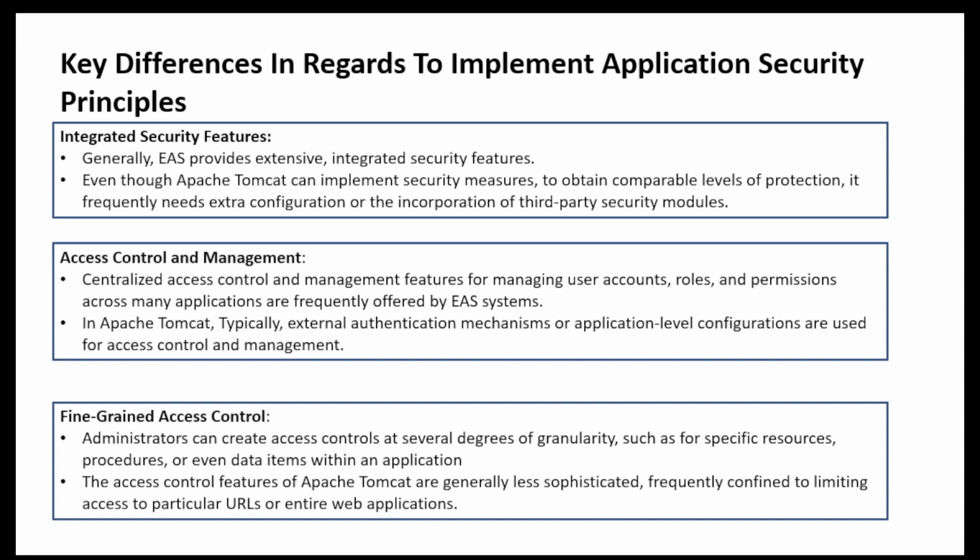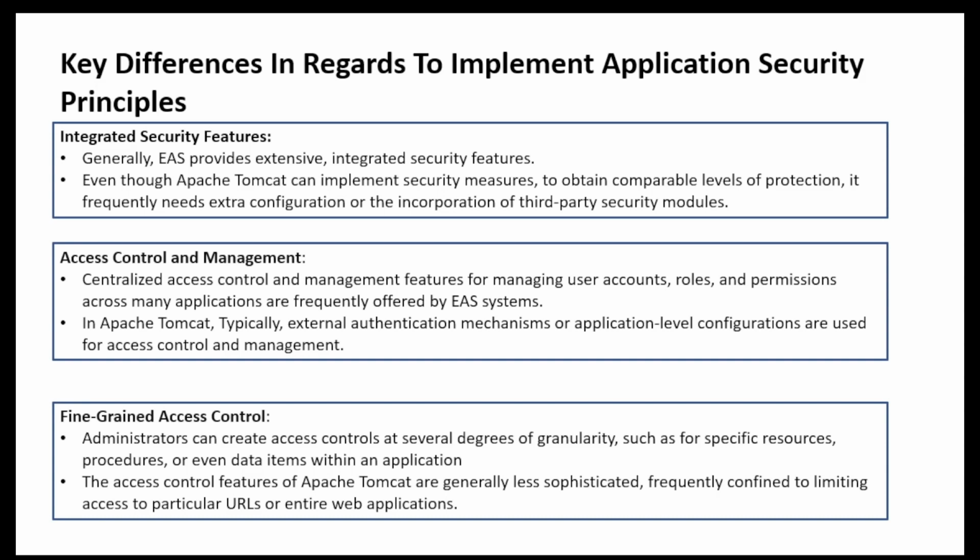Strong authentication procedures, encryption, role-based access controls, and safe communication protocols are a few examples of this. Access control and management. EAS systems commonly provide centralized access control and management features. These features allow administrators to manage user roles and permissions across multiple applications from a single centralized location.